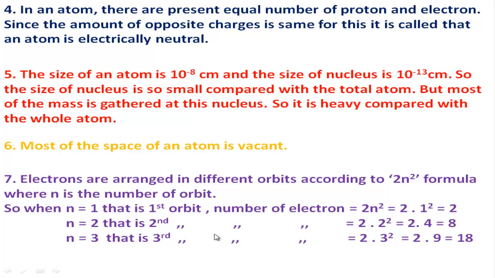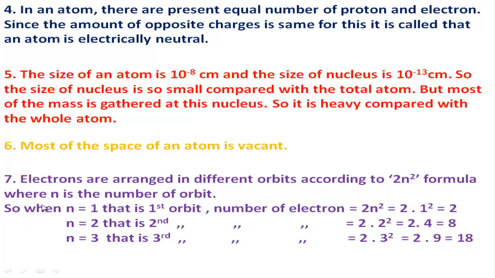And if there are more electrons, then they will go to the third orbit, and the third orbit can contain, according to this formula, a maximum of 18 electrons. Then if there are more electrons, they will go to another orbit, and you can easily calculate the number of electrons in the fourth orbit this way.